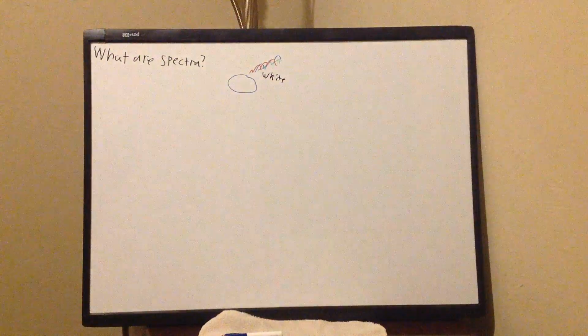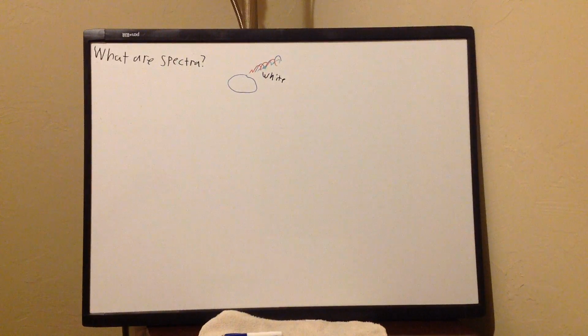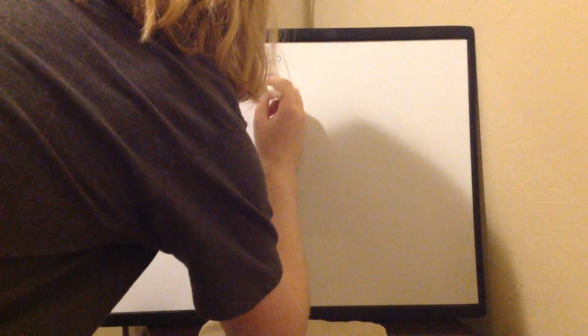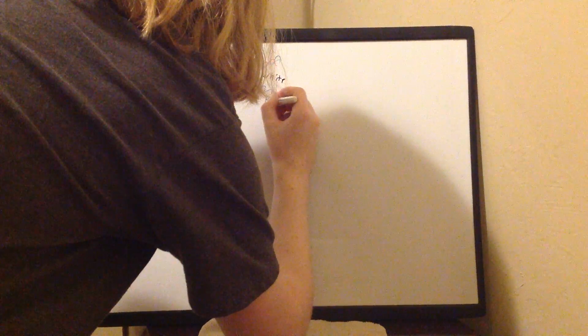But then when that white light hits the ball, most of it is absorbed by the ball, but not all of it. Out of the light that's not absorbed, most of the light that gets reflected is blue.